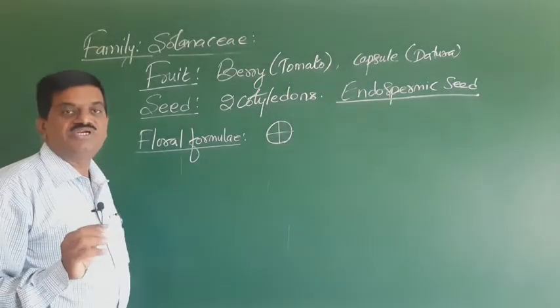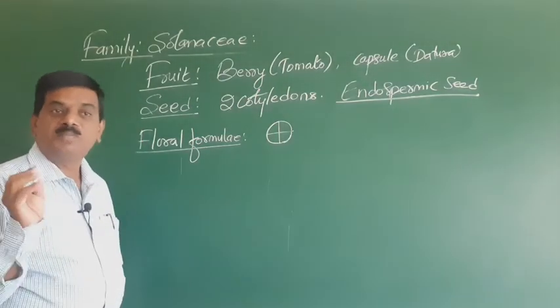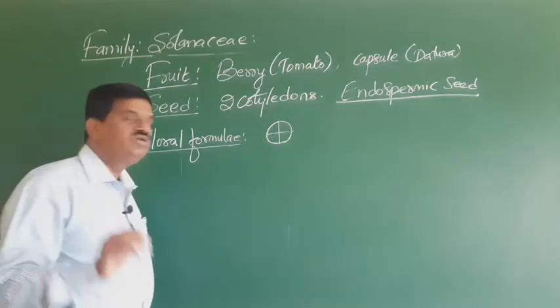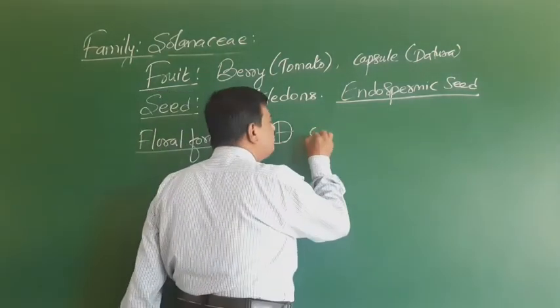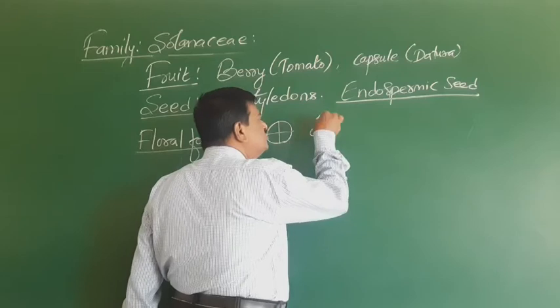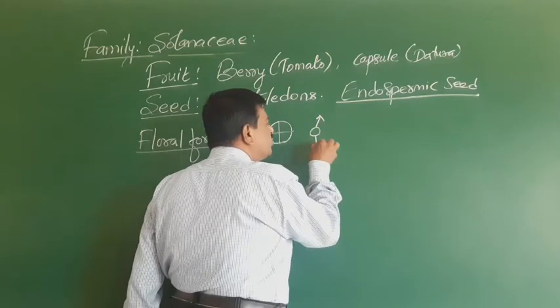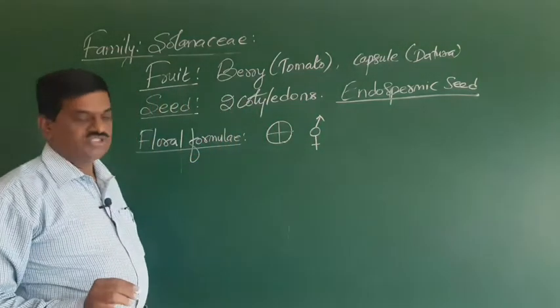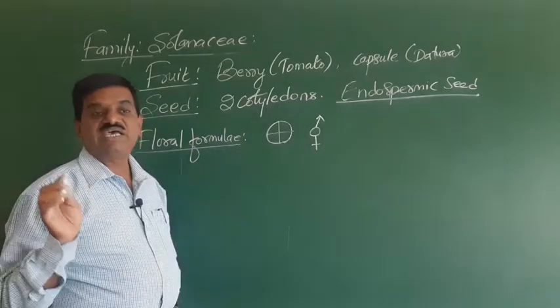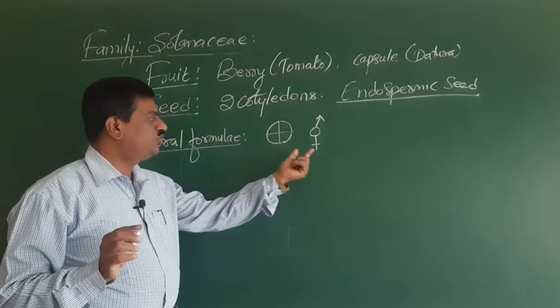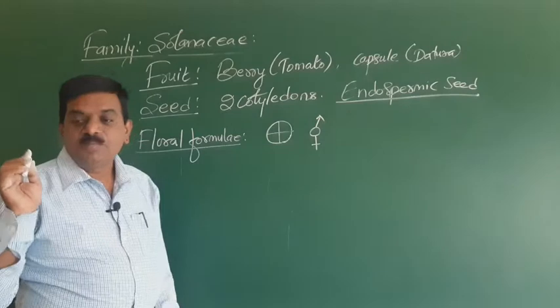It is represented by a circle with plus, called as actinomorphic. And next, sex of a flower should be written. So here the sex of a flower is called as bisexual. This is called as actinomorphic and this is called as bisexual.